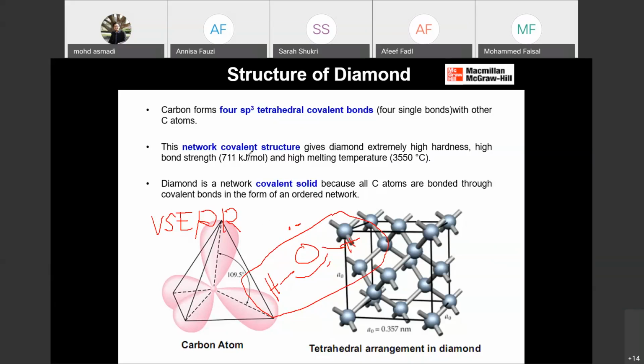I'm not sure, but this one is mostly for sp3. sp3 is more tetrahedral, but there are many types of geometry you can predict by using VSEPR.